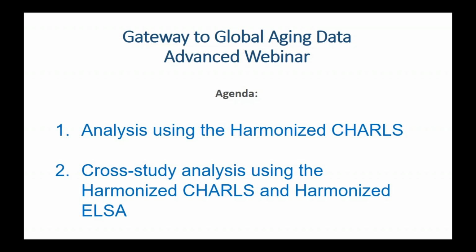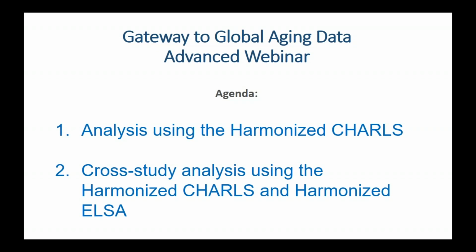So today, what we're really going to focus on is actually using this data itself. We're going to talk about creating variables, conducting some really simple analyses, and things like weighting, which people often have questions about when getting started using these nationally representative large population surveys. So first, part 1 of our analysis is going to be just using the Harmonized CHARLS.